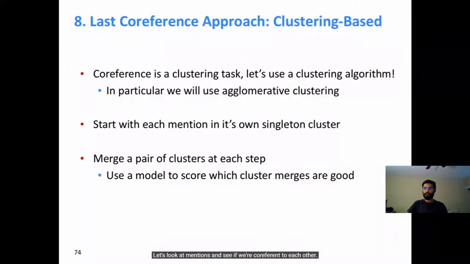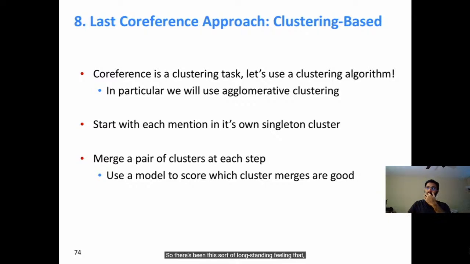Let's look at mentions and see if they're co-referent to each other. And there's no real concept of entities which are clusters of mentions. You're just making these one-off decisions between pairs of mentions, and somehow the entities as clusters just emerge as a consequence of those mention pair decisions.